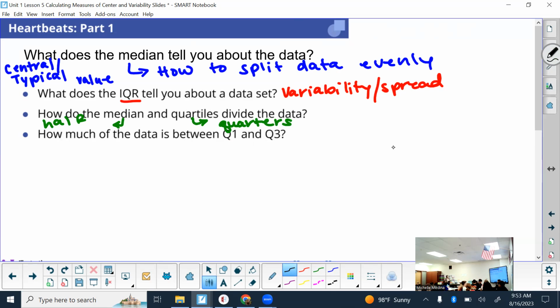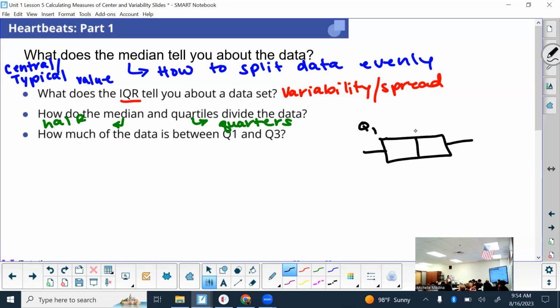Let me give you a visual of that. We use our quartiles when we make our box plot. So here's a random box plot. Where would my Q1 go? Left side of the box. So I would draw this too. Right here is where my Q1 goes. Where does my Q2 go? In the middle of your box.